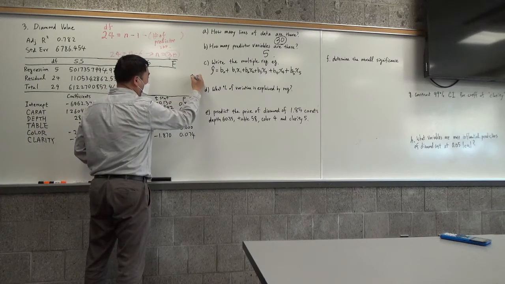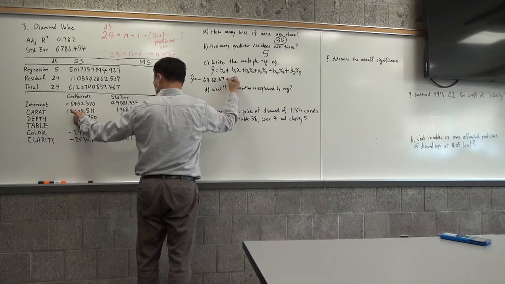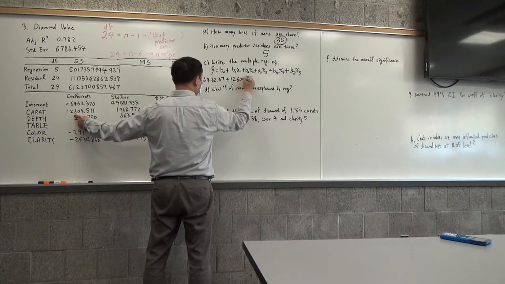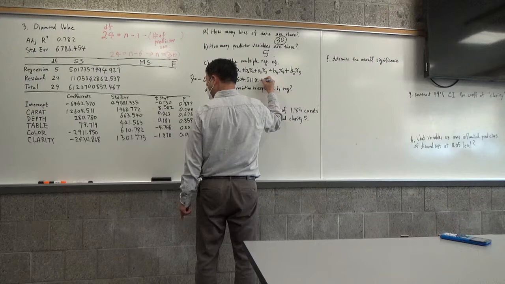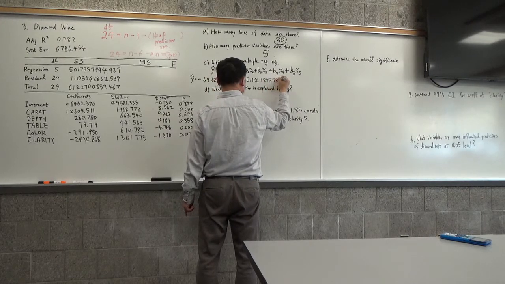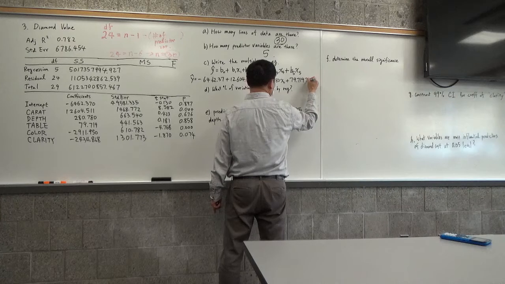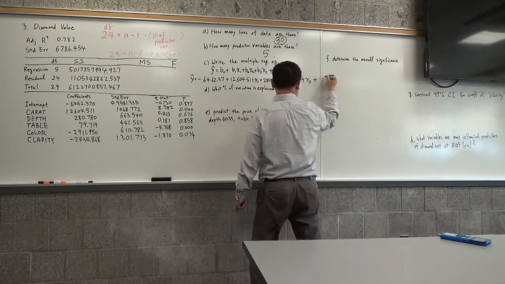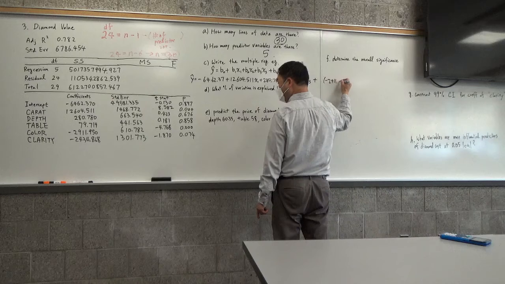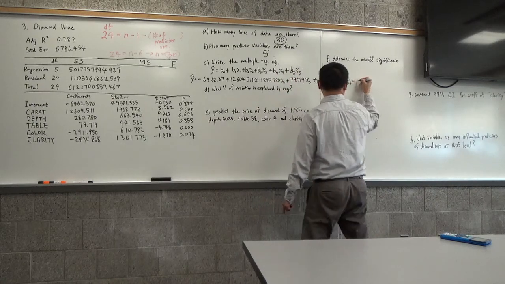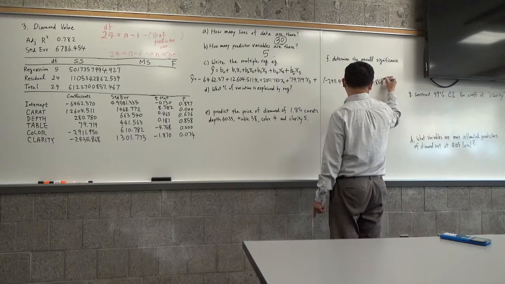Y hat equals negative 16462.37 plus 12604.511 times x1 plus 280.780 x2 plus 79.719 x3 plus, I don't want to do this, but I'll have to go to here, negative 2911.95 x4 plus negative 2434.868 x5.